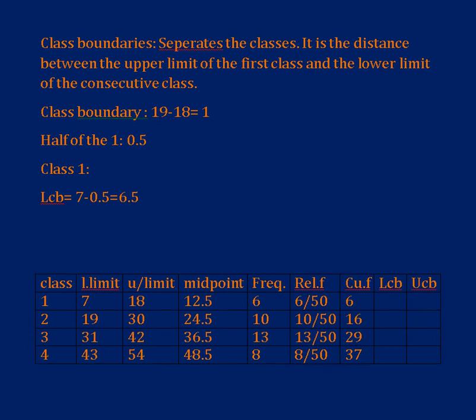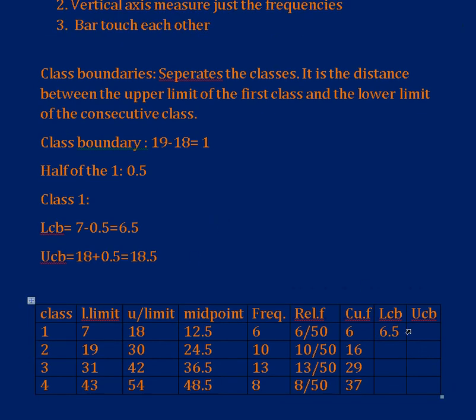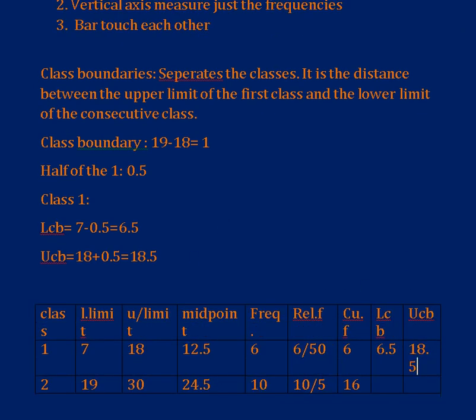And the upper class boundary is 18 plus 0.5, and that gives us 18.5. So that is the lower class boundary and upper class boundary, and that's what we're going to put here. So here is going to be 6.5, and next one is going to be 18.5.